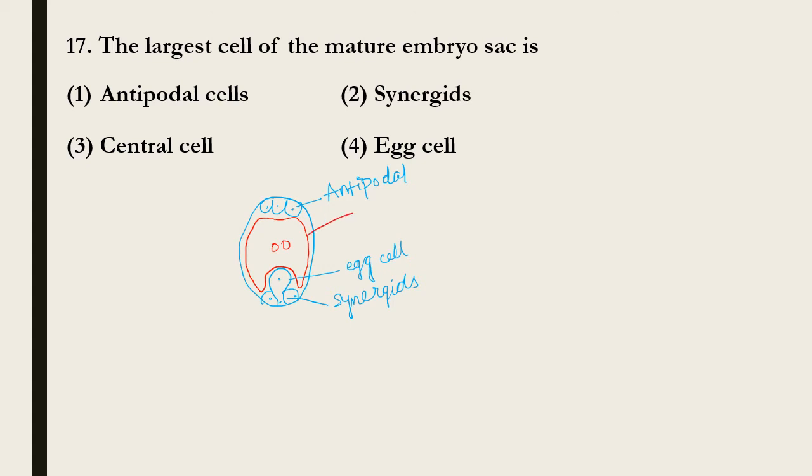This is the central cell. The question is, the largest cell in the mature embryo sac: the central cell is the largest cell among the other cells. So the correct answer is option 3, central cell.